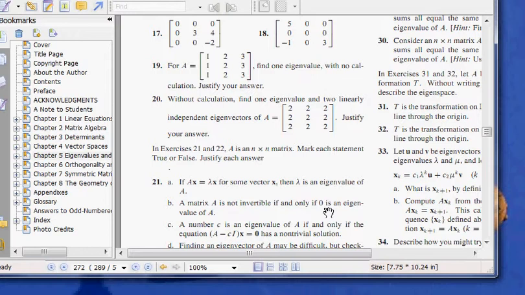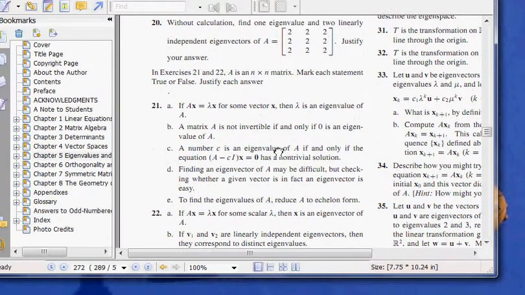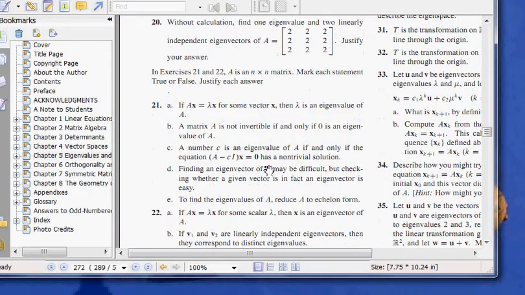So this is true. C: a number c is an eigenvalue of A if and only if the equation (A minus cI)x equals 0 has a non-trivial solution. That is correct. (A minus cI)x equals 0 is the same thing as Ax equals lambda x. These two forms are the exact same thing, and so this is true.